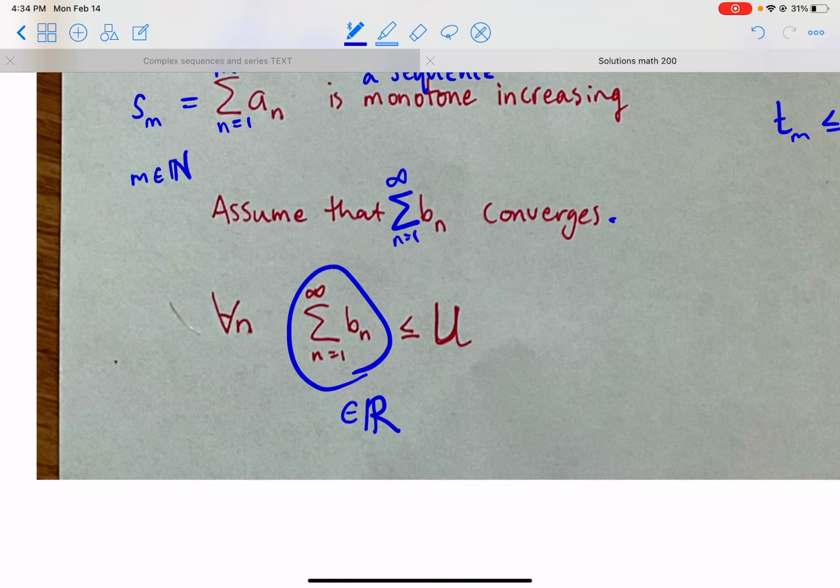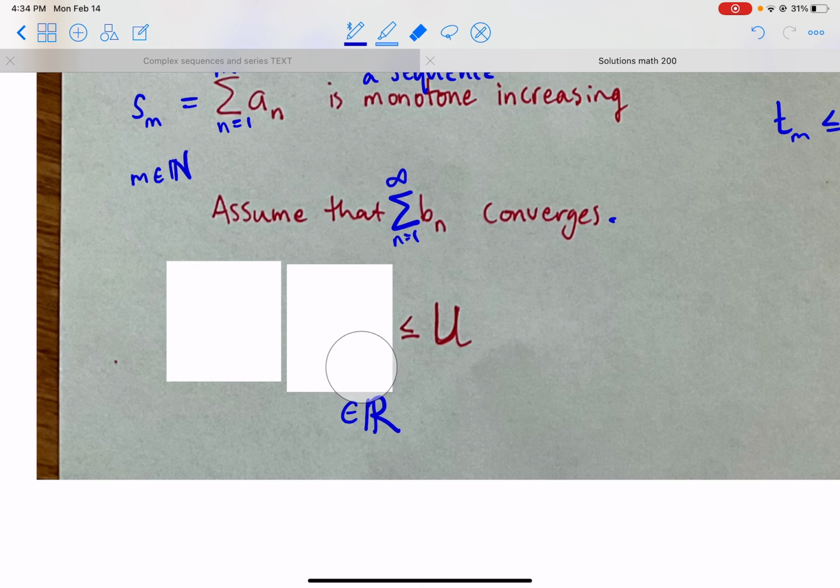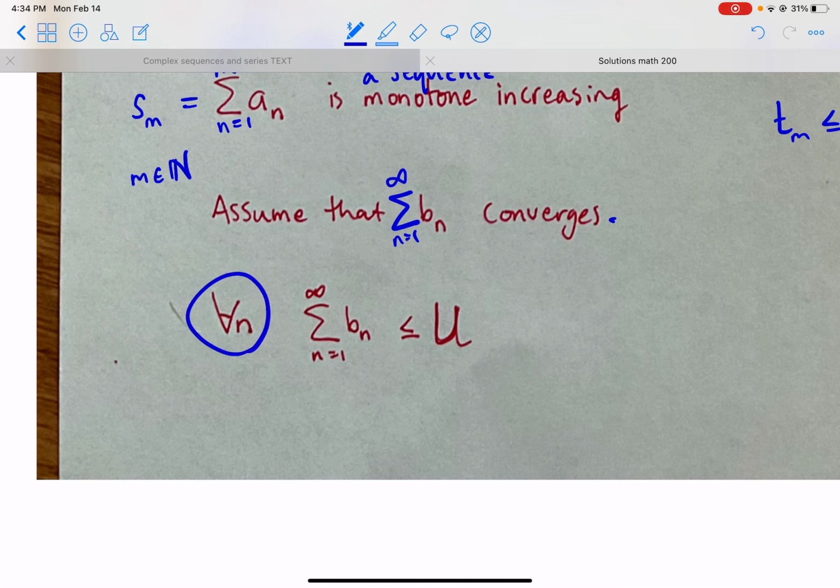So it's a number if it exists. And maybe that number could be less than or equal to another number. That might be true. But certainly for all n doesn't make any sense here. This just doesn't make sense, because we already summed over n, the n is gone, and what's left over is now a number.